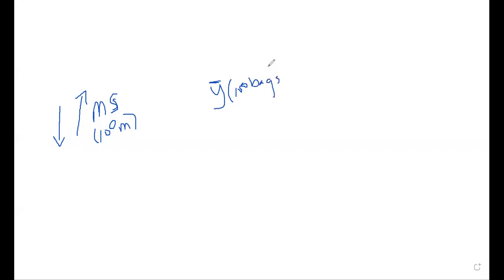Sometimes countries have the ability to produce these 100 bags, but they will be producing, say, 30 bags if they are inefficient.